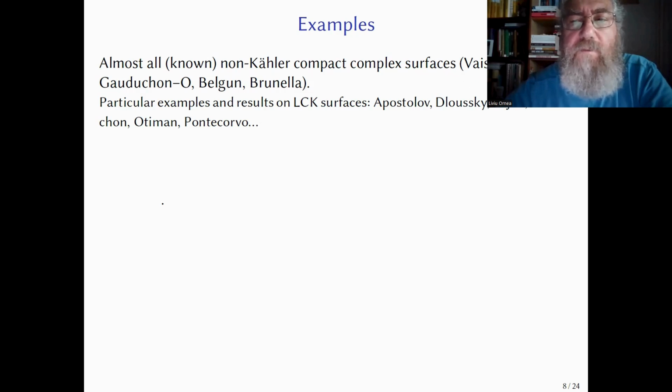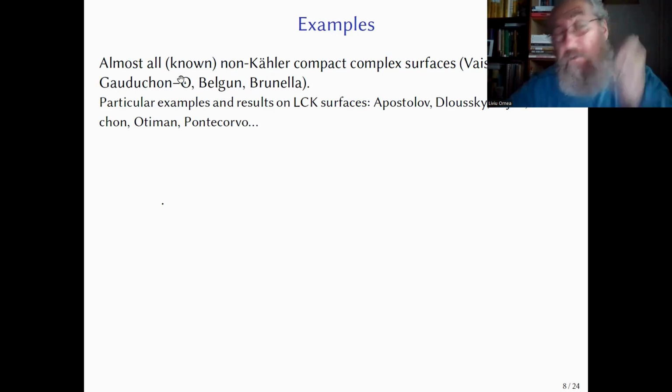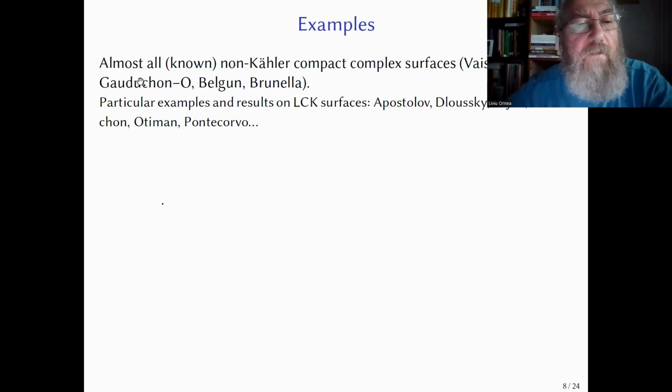The first examples were Vaisman, Tricerri, a very important paper on surfaces, on the Inoue surfaces. Then I helped Gauduchon for all Hopf surfaces, diagonal or not. Belgun, who classified the Vaisman ones, I shall give the definition further on.